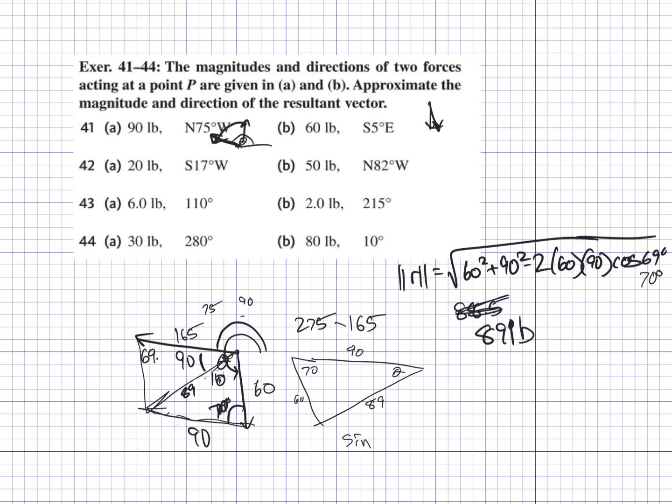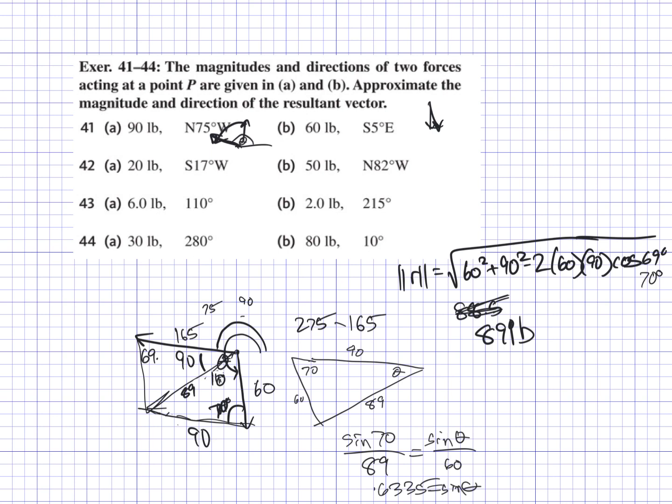The sine of 70 is to 89, as the sine of theta is to 60. That seems to be easy. You could use the law of cosines too. All right, so let's just do the math. 60 times the sine of 70, then divide that by 89, and 0.6335 equals the sine of theta.